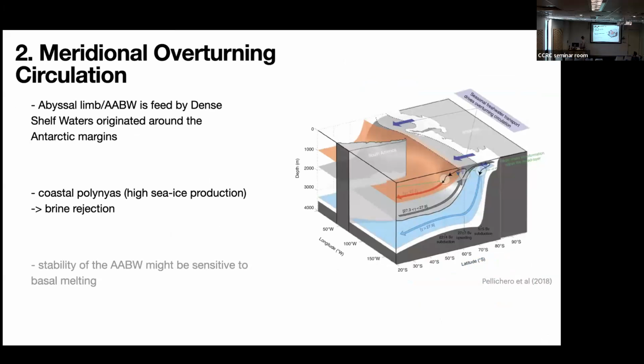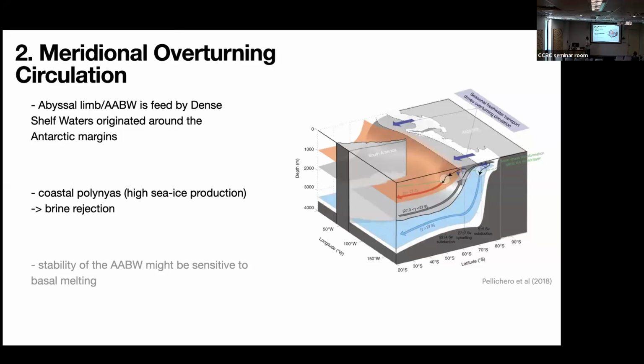The second factor is the meridional overturning circulation. You all know that around Antarctica, we have water masses forming at coastal polynyas due to the katabatic winds that create this ocean-free area with a lot of heat loss to the atmosphere, and this creates a water mass that has high salt content and is at surface freezing temperature.